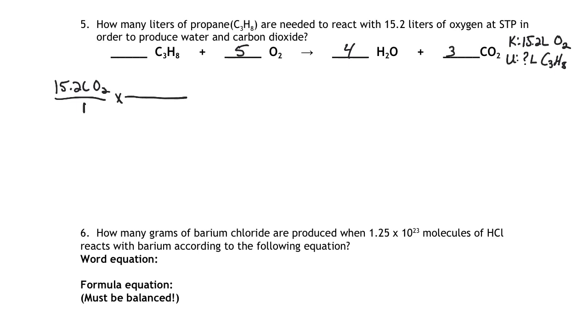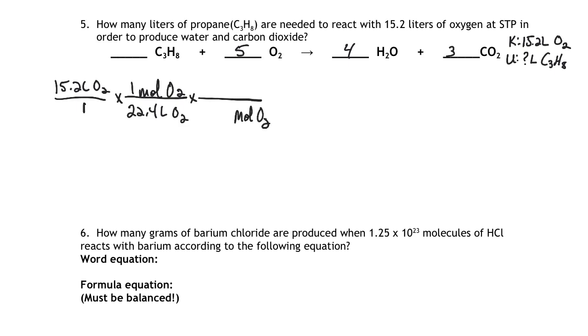Got liters of oxygen on the top, so I'm going to need a conversion factor with liters, and that's going to be 22.4 liters of oxygen are in 1 mole of oxygen. If I've got 1 mole of oxygen on the top, I need to have moles of oxygen on the bottom.